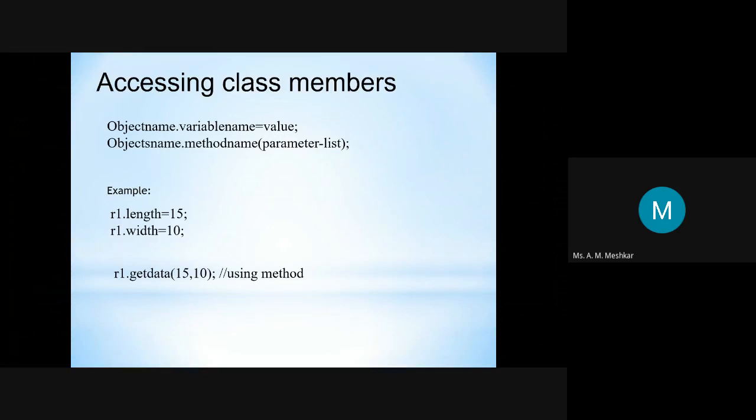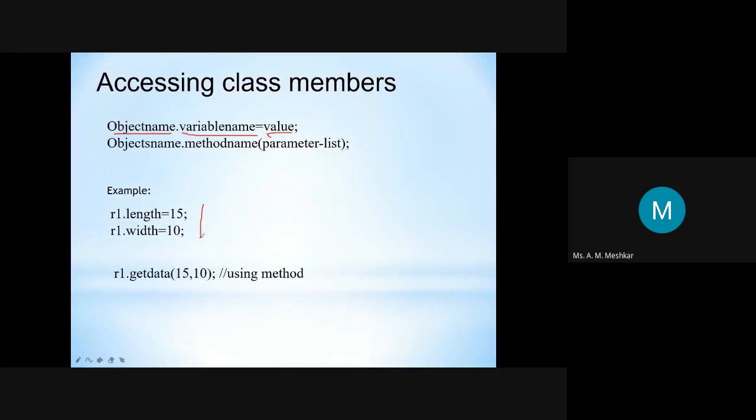You have to give a call to the method by using this syntax. You simply write the object name, then using the dot operator, you write the variable name equals to value. So you can directly access the variables by using the object name, and then you can change or modify its value.